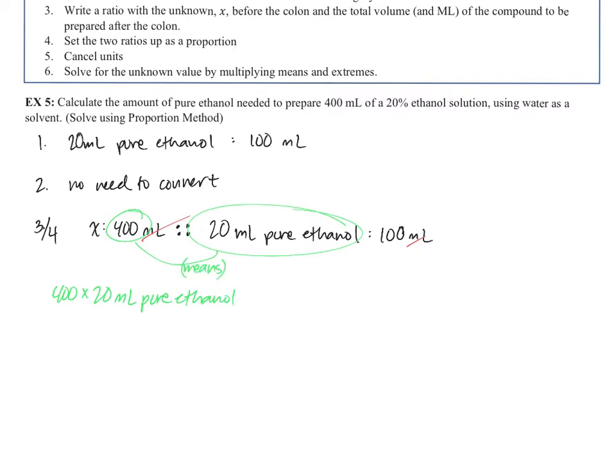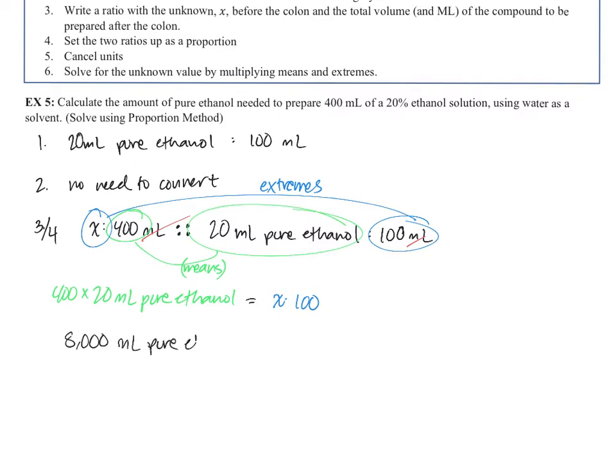And then we'll multiply the extremes, setting this equal to X times 100. Alright, let me write this out again. So 400 times 20 is going to be 8,000 milliliters of pure ethanol equal to 100x. Then we can solve for x by dividing both sides by 100. And we have 80 milliliters pure ethanol equal to x.